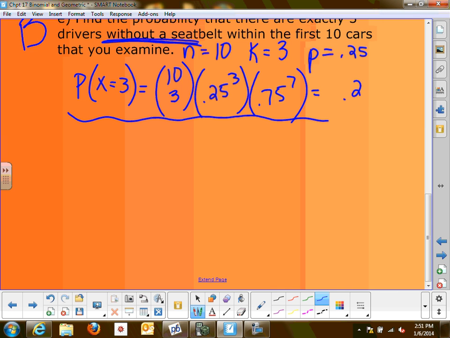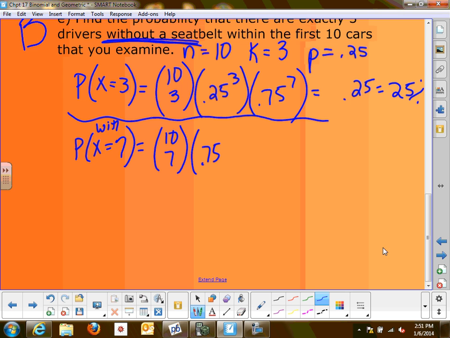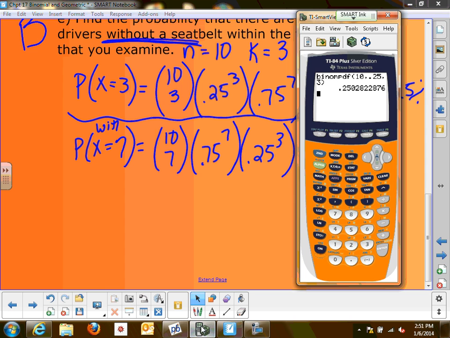Now, if you have 3 of them without a seatbelt, how else could you have done this problem? If you have 3 without, then how many have a seatbelt? So if you call X being with a seatbelt, and that means 7, watch this. 10 choose 7, and this means I want 7 of them with a seatbelt, 3 of them without. Let's do it.